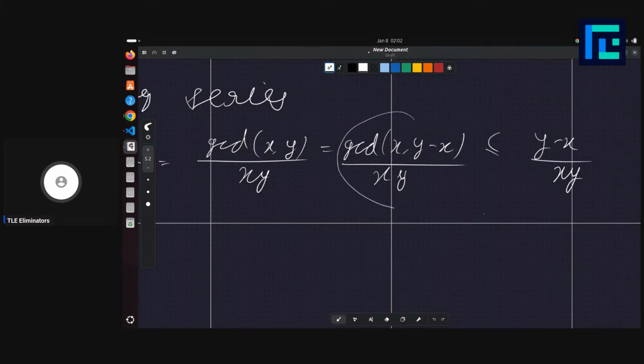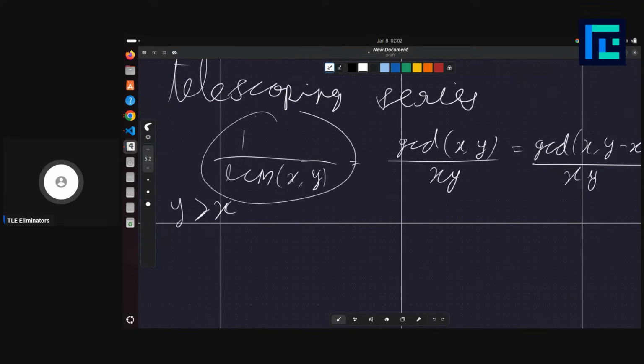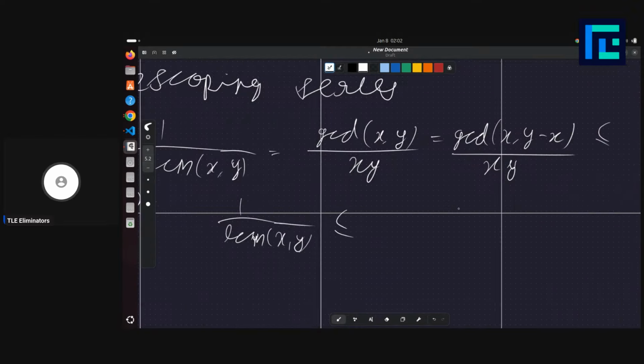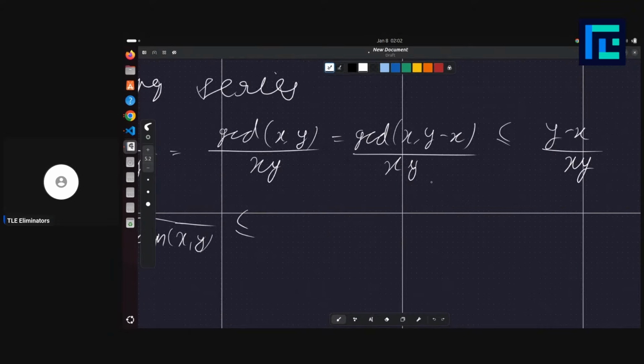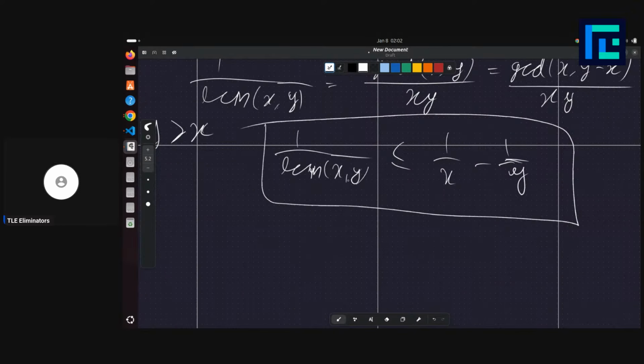So we can write that 1 upon LCM of x comma y is less than or equal to 1 upon x minus 1 upon y. This is the main idea here.